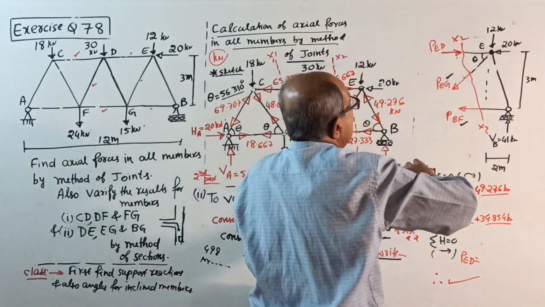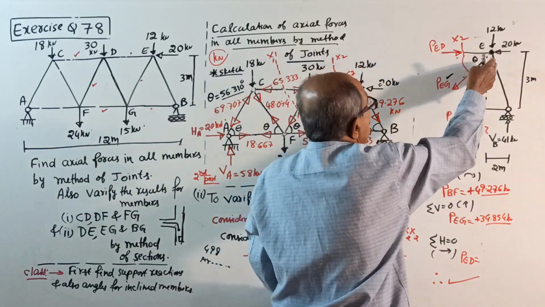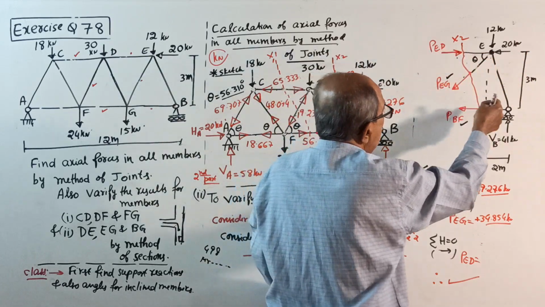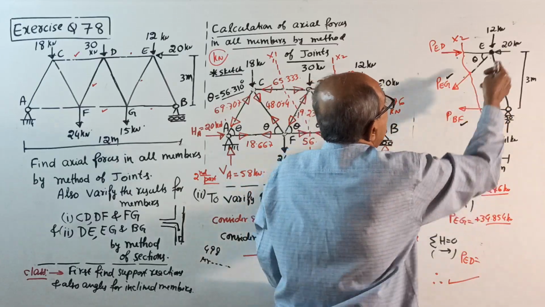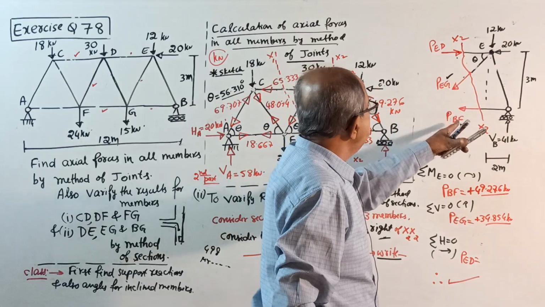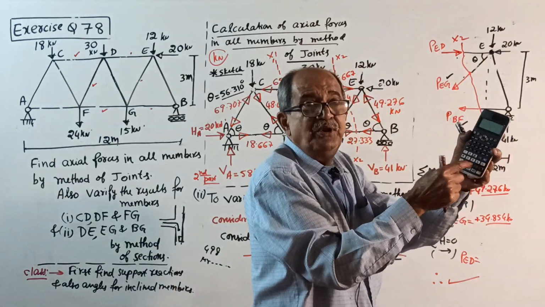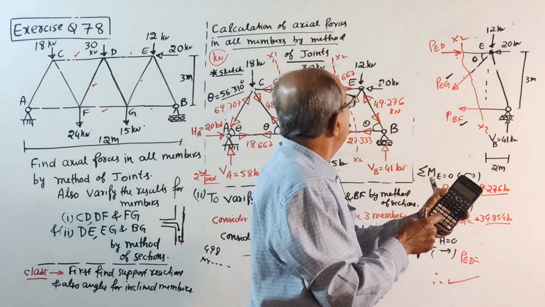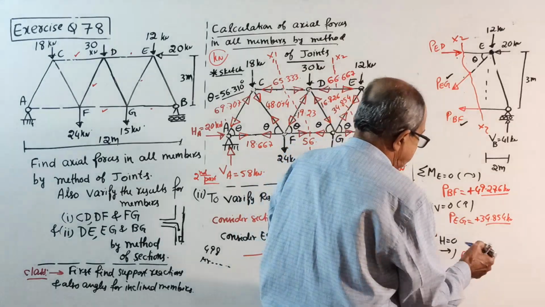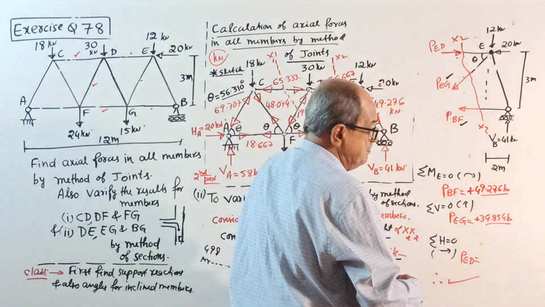Plus PED, which is unknown now, minus PEG cos theta, PEG is already known to you, minus PBF, minus 20 equal to 0. Substituting for PEG and PBF, I am getting PED plus 66.667. Why everywhere plus came?